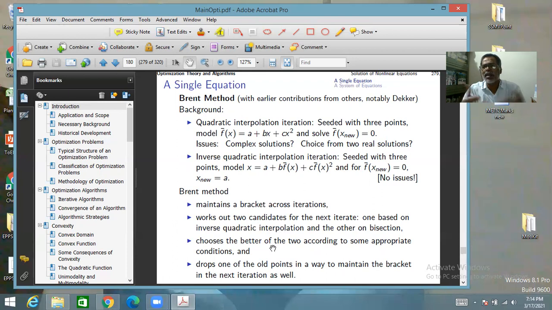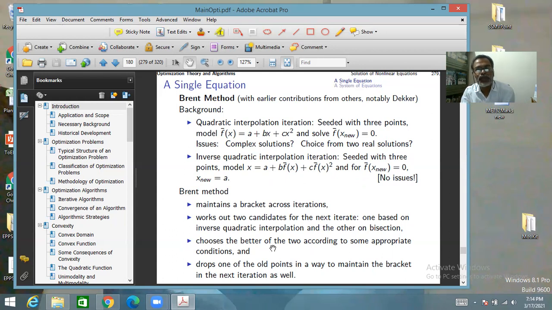In fact, you can work out your own favorite conditions. The textbook method works out a kind of conditions based on some considerations. You can take that, or you can even work out your own method, your own conditions based on which you choose either the bisection estimate or the inverse quadratic interpolation estimate.